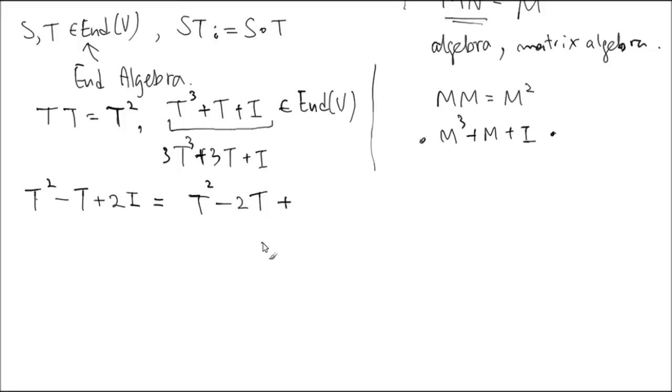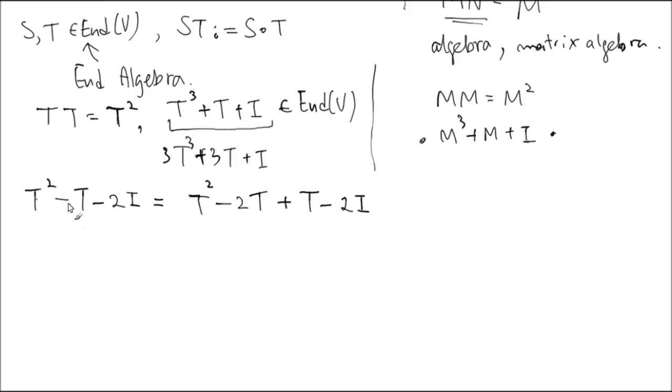Wait, did I do this correctly? Negative 2, the negative 2 is correct, T minus 2, to pull out negative 2. What should be this one? Oh, positive 2, and plus TI. 2I, is that right? I did something wrong. This doesn't factor. It should be negative I. Sorry about this. Nothing wrong, right?